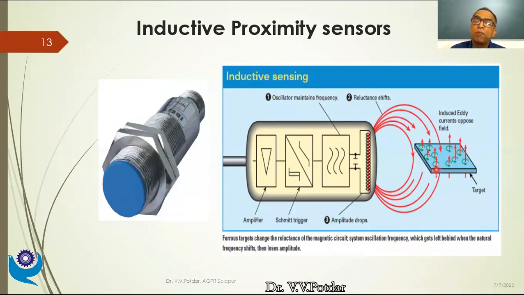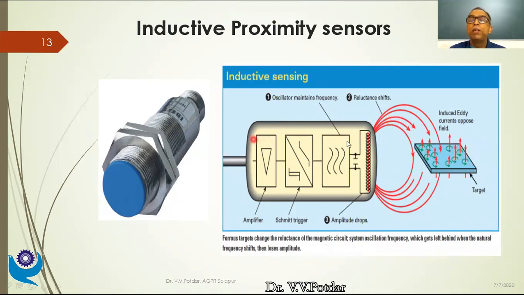When the current starts flowing, that current will have its own magnetic field, as per Lenz's law. As you can see from the arrows, by the thumb rule, the direction of current is upwards and it generates a magnetizing field. So these eddy current magnetic fields interact with my generated magnetic field. And the voltage that was generated when there was no obstructing object will be affected when I have the obstructing magnetic field.